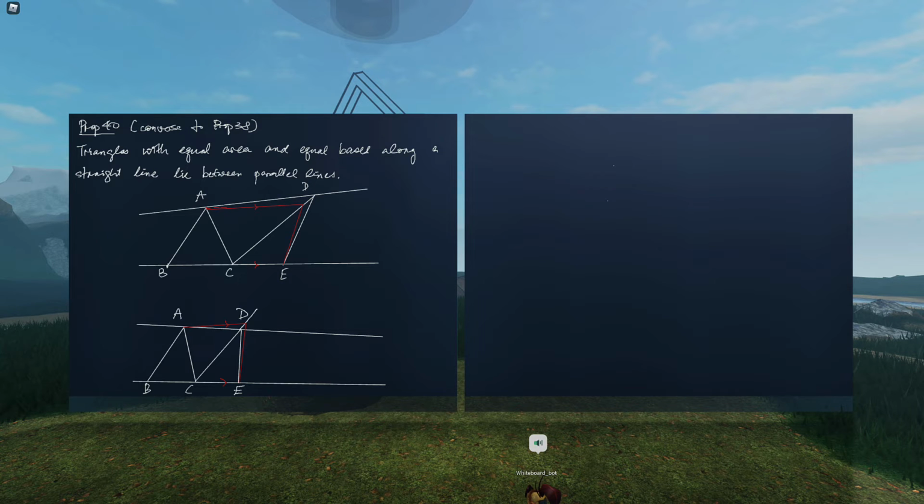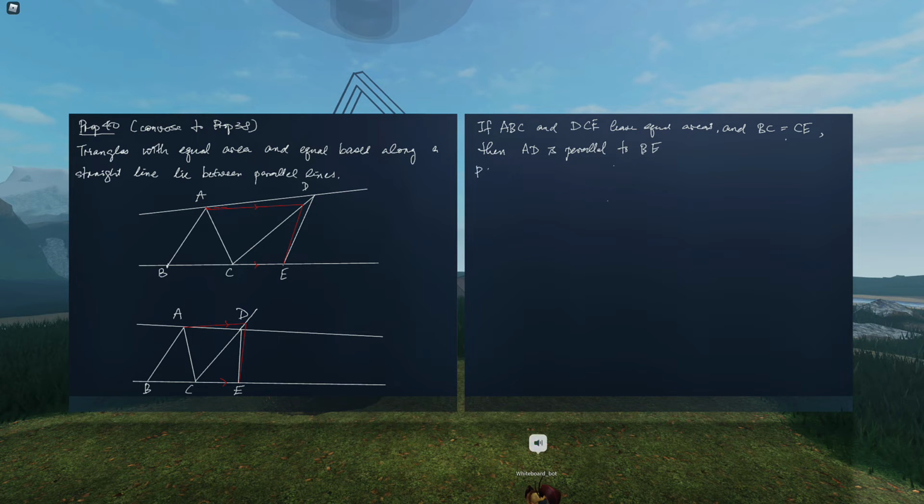So the claim is that if triangles ABC and DCE have equal areas, and BC and CE are equal, then AD is parallel to BE.